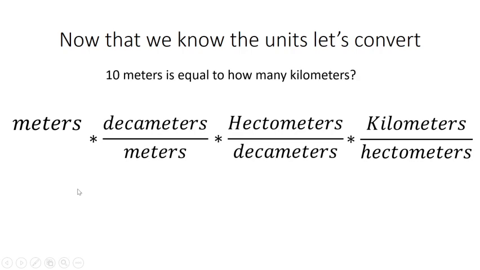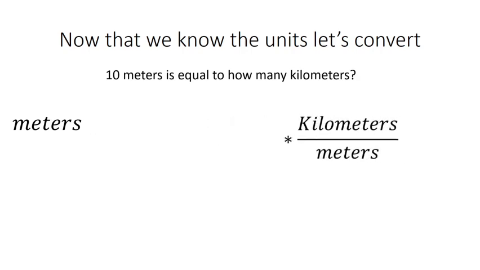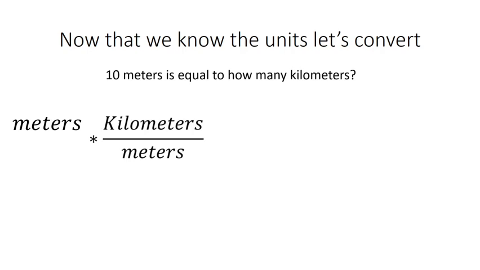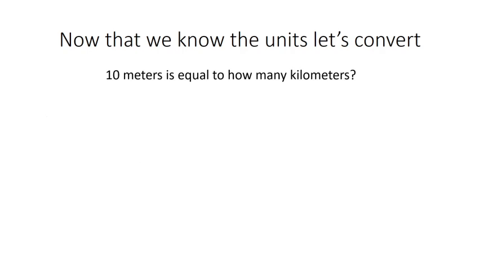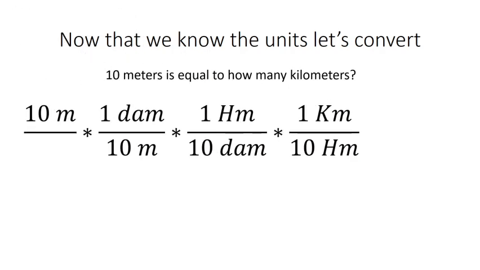Now, of course, if you know how many meters there are in a kilometer, you can just do one step and convert directly from meters to kilometers. Now, if we add in numbers, it'll look a little more like this, with all our units canceling out. And we remember that anytime there's a number that is not 1 on the top, we would multiply, and anytime there's a number that's not 1 on the bottom, we divide.